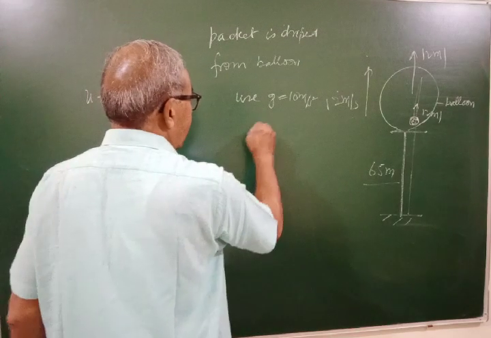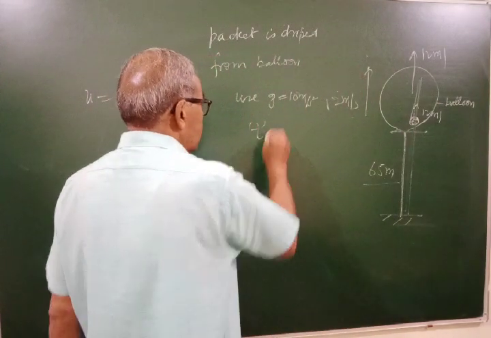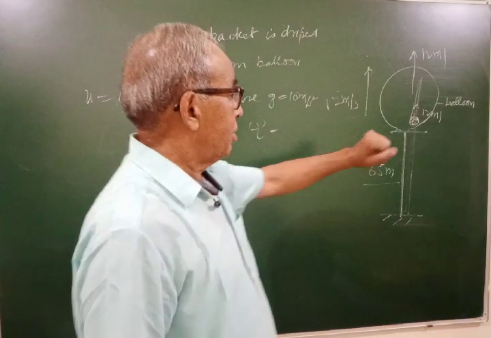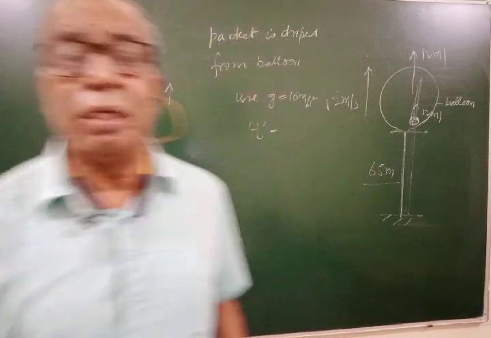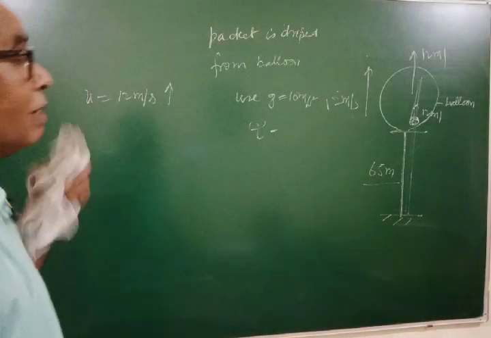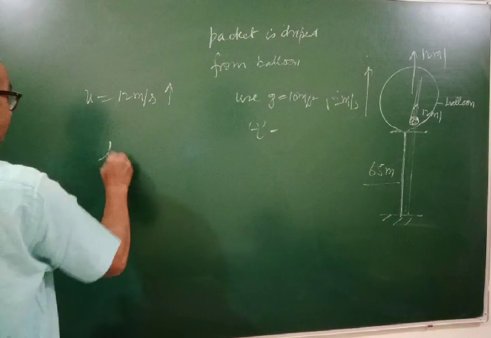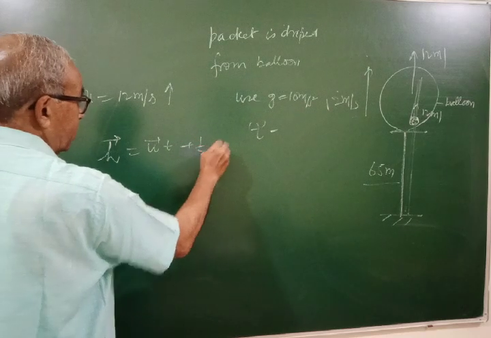If t is the time taken by the packet to go to the ground, this is called the time of flight. In this time of flight, the vertical displacement of the packet is equal to the height of the balloon from the ground. So the equation is h equals ut plus half at square.